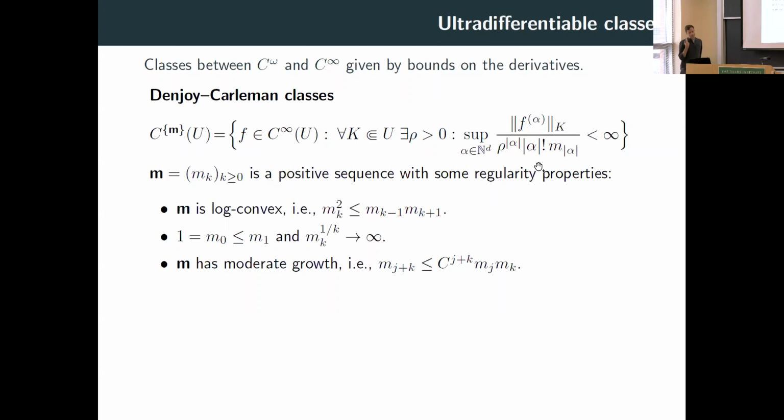Okay, so in a sense, we take the Cauchy estimates and we perturb them, right? If M is equal to 1 constantly, then you just have the classical Cauchy estimates, and then your class would be the real analytic functions. We will also impose some standard regularity properties on this sequence M, which defines the class.